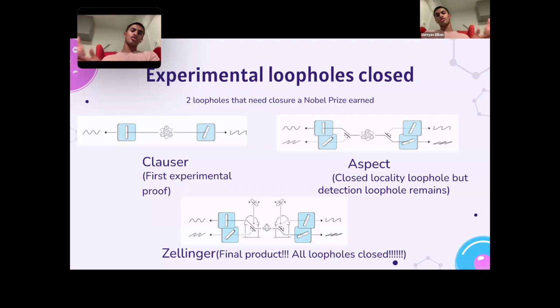But as technology improved, the heralding efficiency got a lot better. And with Zeilinger and Aspect's innovations on the experiment, they were able to close both loopholes, thus proving Bell's inequality experimentally and disproving hidden variable theories.